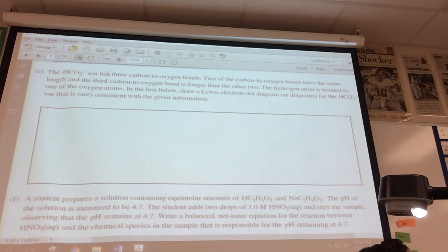The bicarbonate ion has 3 carbon to oxygen bonds. 2 of them have the same length, and the third is longer than the other 2. The hydrogen atom is bonded to one of the O's. In the box below, draw a Lewis electron dot diagram or diagrams for the bicarbonate ion that is or are consistent with the information provided.